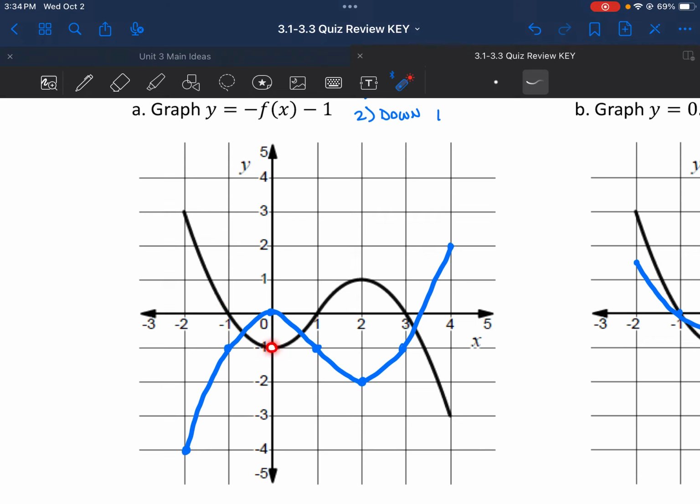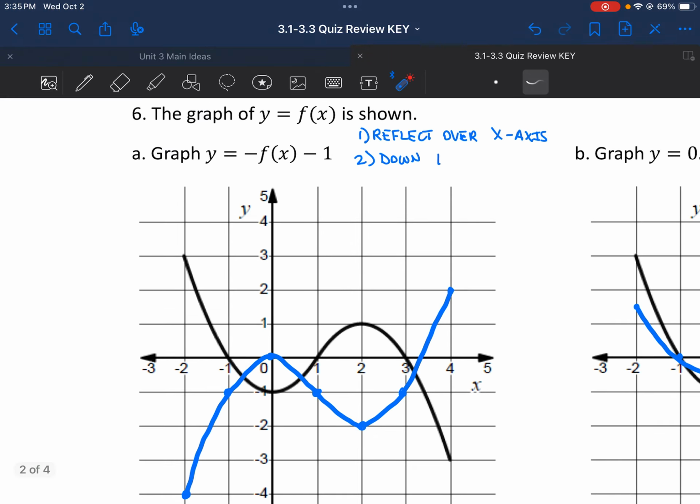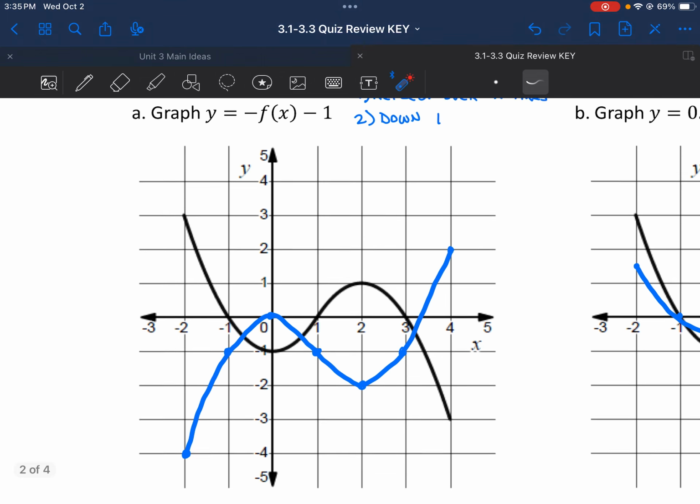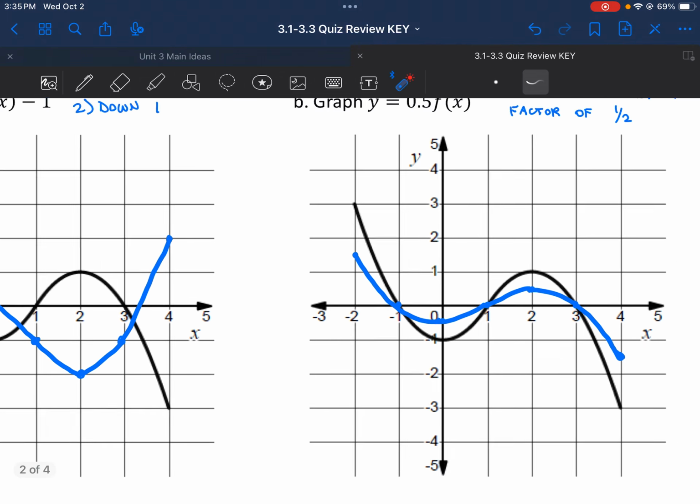Here's this point right here. Reflected across the x-axis. Shift it down 1. We get this point. Same deal here. Take a point like this one. Reflect it across the x-axis. Then shift it down 1. We get this point. So as long as you're doing the reflection over the x-axis and then do your vertical shift last, should be fine. Should get a graph that looks just like that.